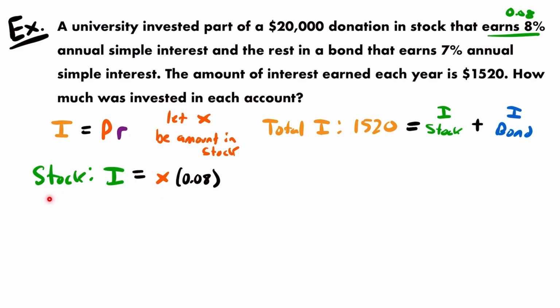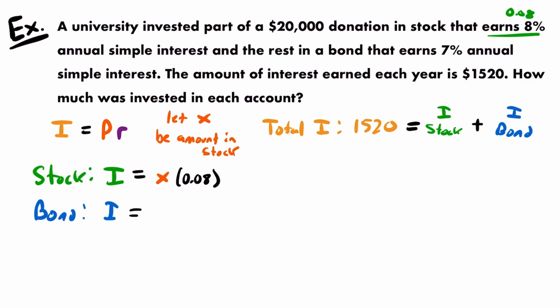All right, so that's for the stock, but what about the bond? Well, for the bond, the interest will be equal to a similar calculation, but the amount of the investment is different. If we let X be the amount invested in the stock, then that means that there should be a different amount invested in the bond. But don't pick another variable for that. You don't need to overcomplicate this. Think of it like this.